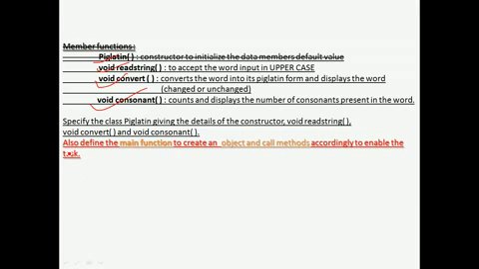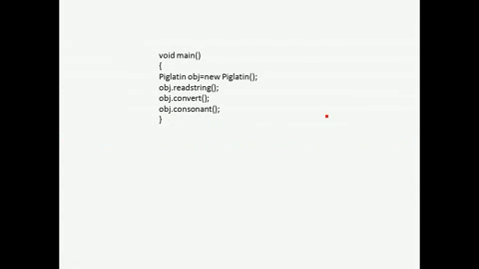Now it is mentioned that you have to also define the main function to create an object and call methods accordingly. To create an object, as I previously said, class name, then object name equals new, which is the keyword which creates the object, and then class name.